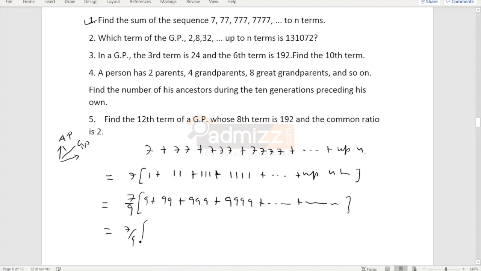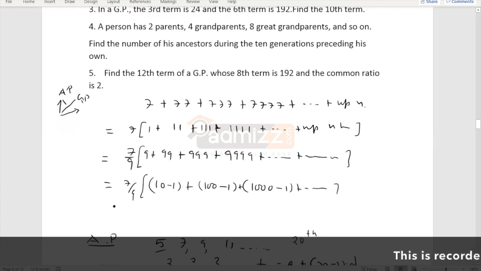Now 7 by 9 will remain as it is, but this 9 I will write in this way: 10 minus 1 plus 100 minus 1 plus 1000 minus 1 plus up to n terms.